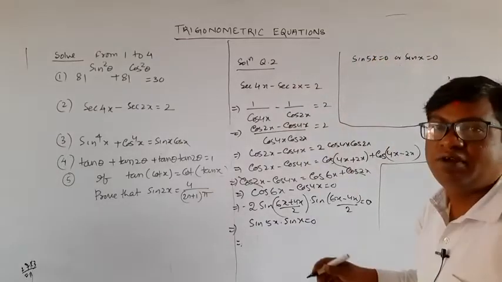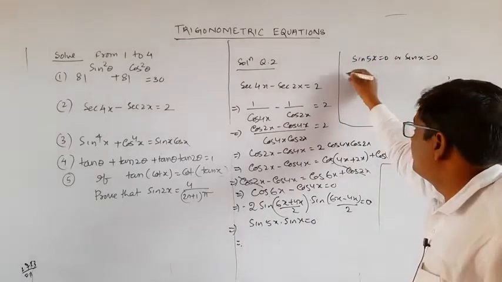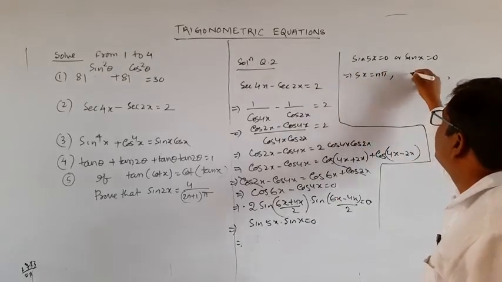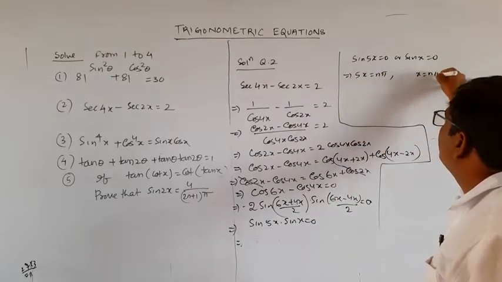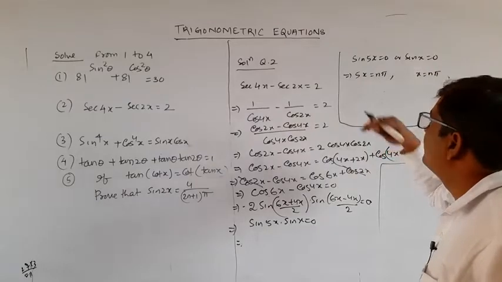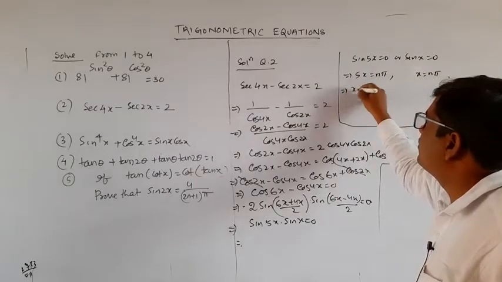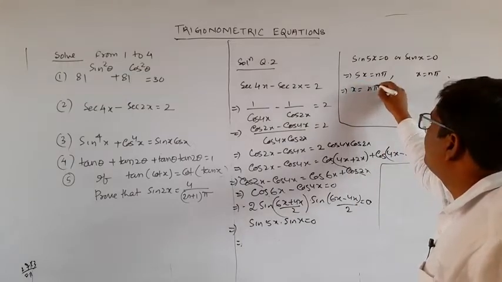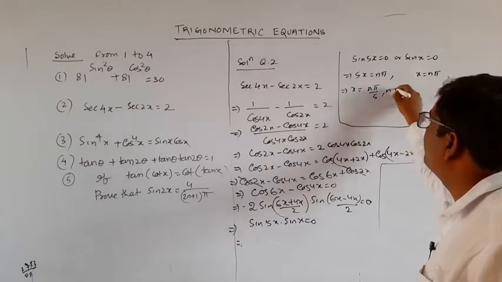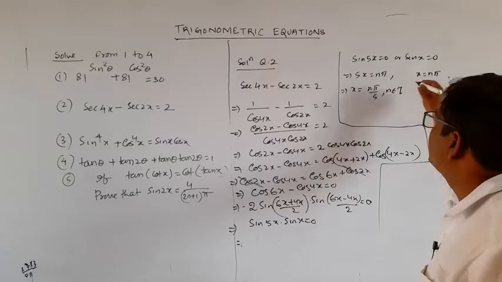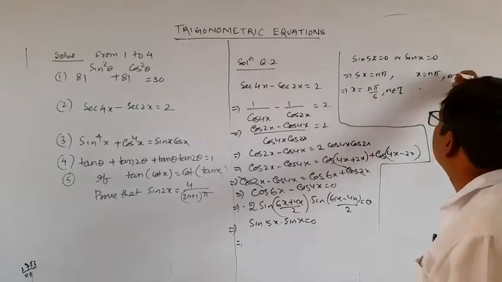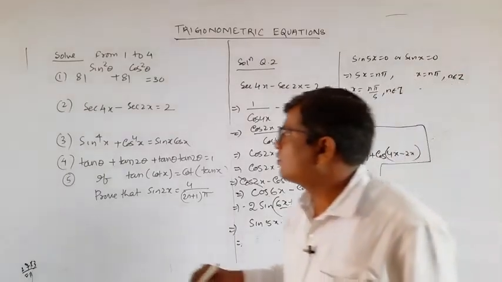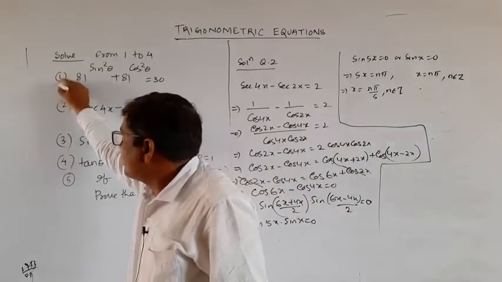Sin 5x equal to 0 implies 5x is equal to n pi, so x is equal to n pi by 5, where n belongs to Z. This is the solution of question number 2. One complete, two complete.